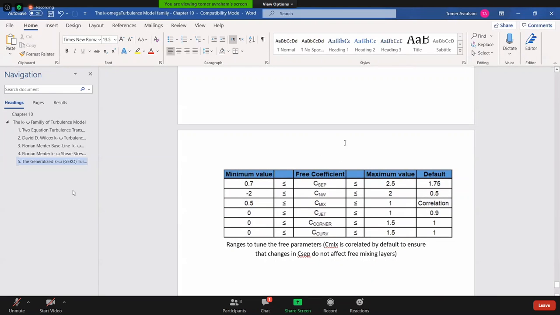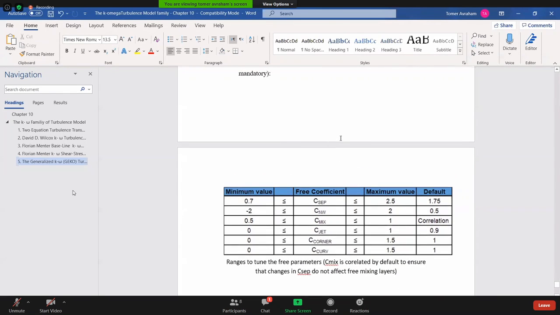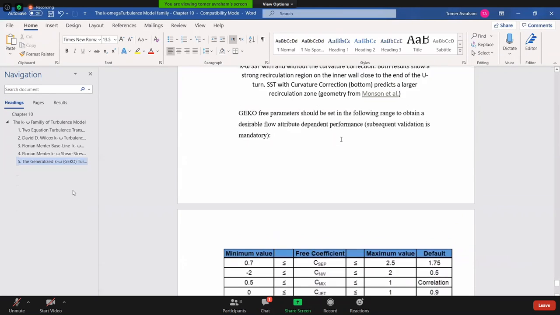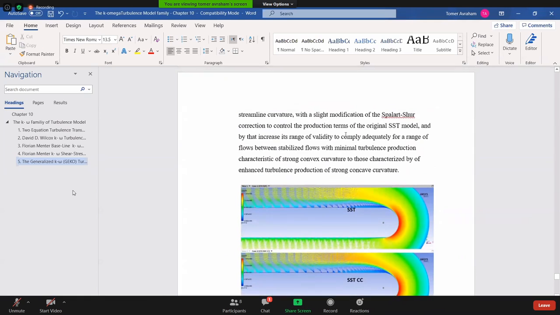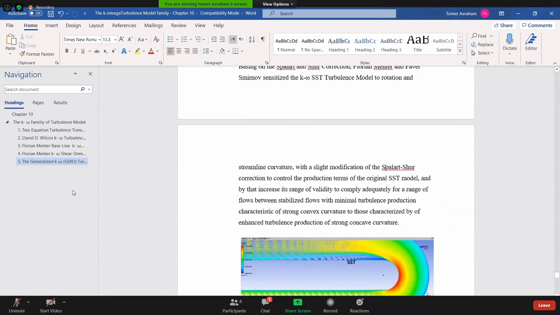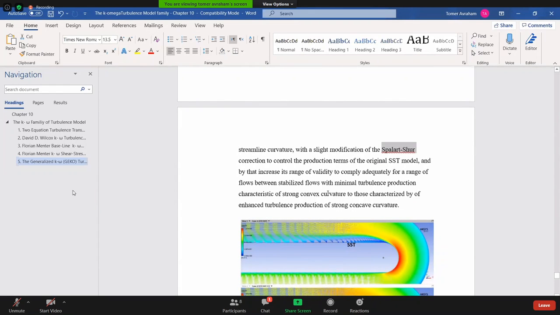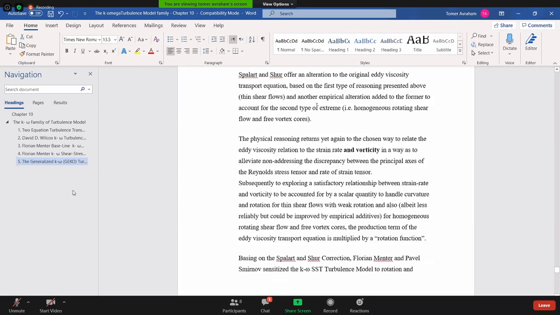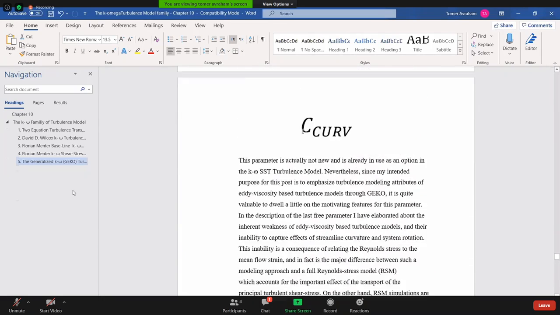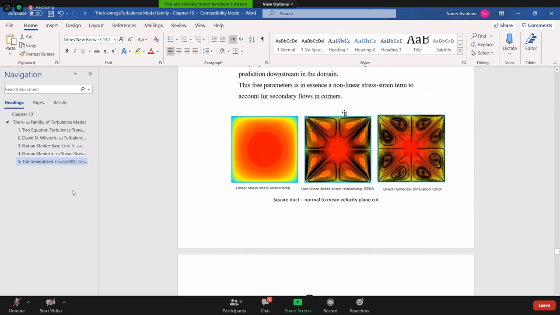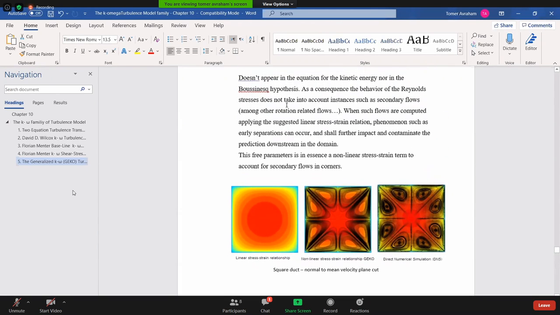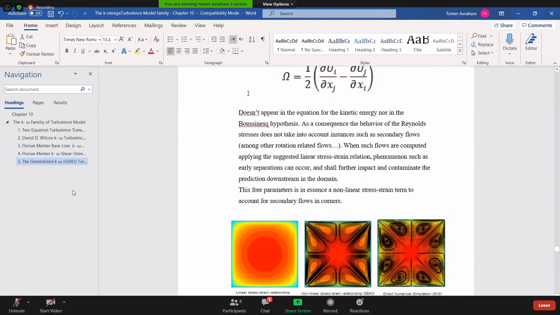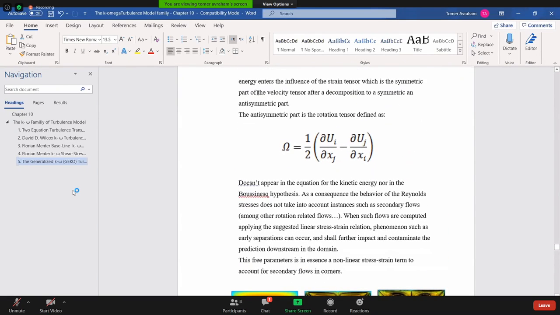The problem with the Gecko model is that they didn't give and they will not give any numbers for it. So right now you can either explore it by yourself or use it as a k-epsilon realizable or as a k-omega SST. And you can add stuff like what you see here, but it's not really there yet.